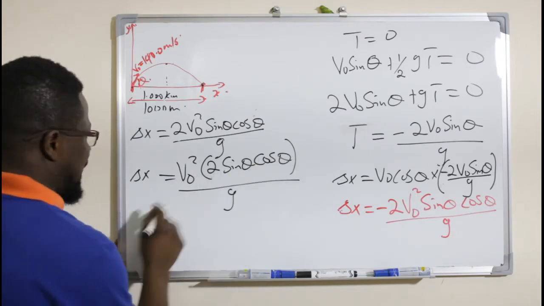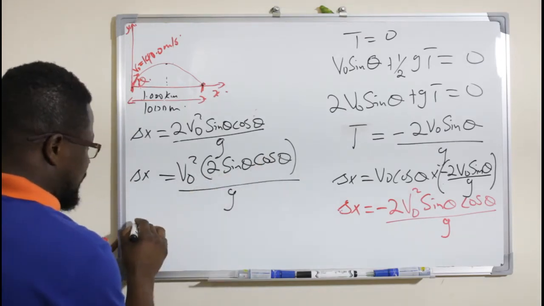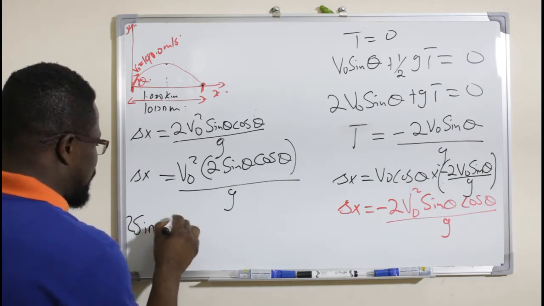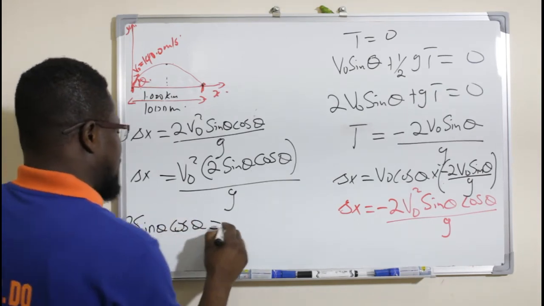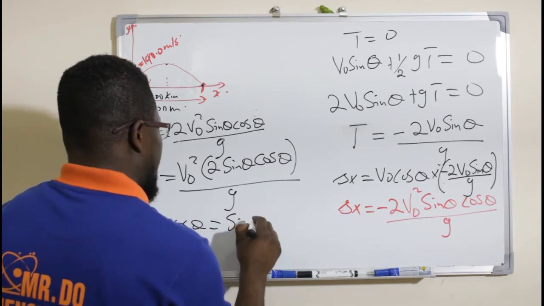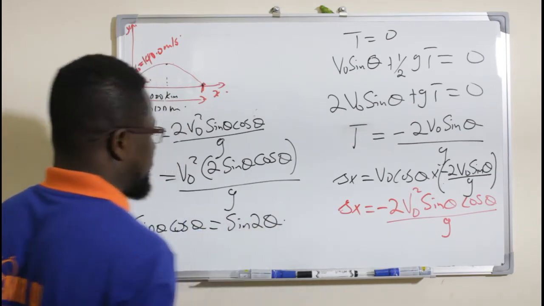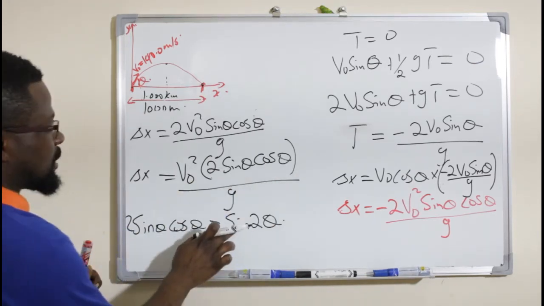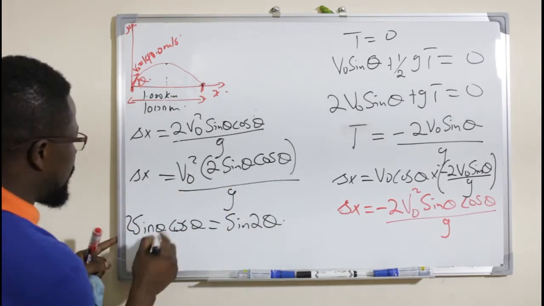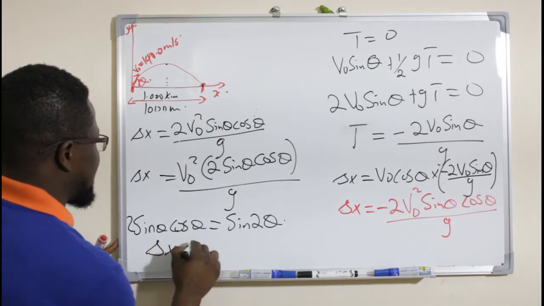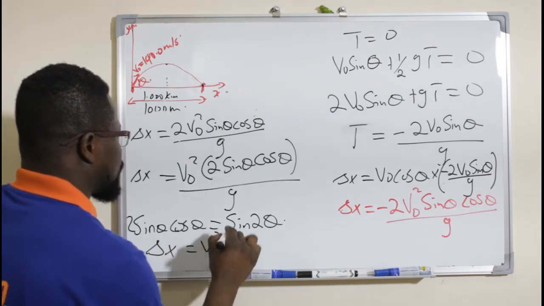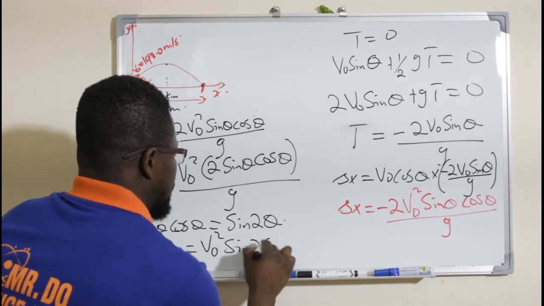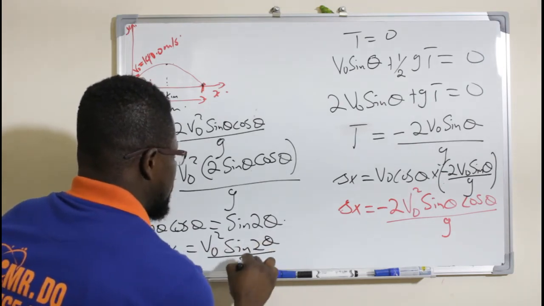So I can say that from here, this 2 sine theta cos theta is now equal to sine 2 theta. So in place of this, I am going to put sine 2 theta. So this will become, change in x is now equal to v naught squared sine 2 theta divided by g.